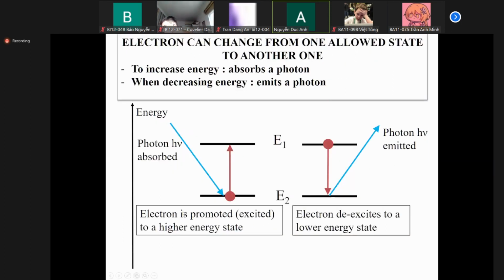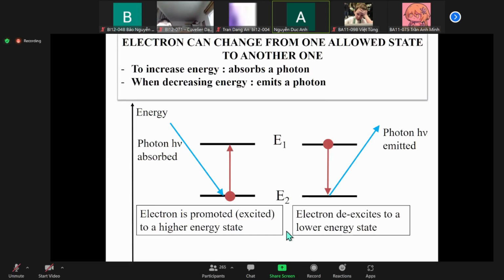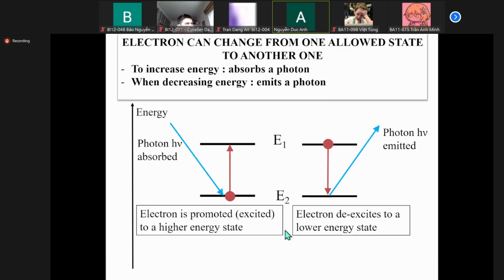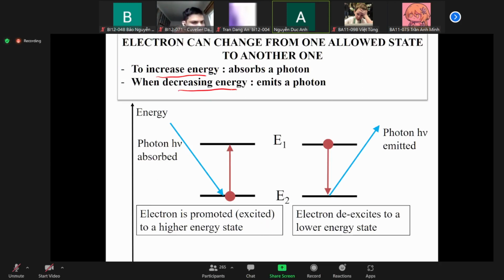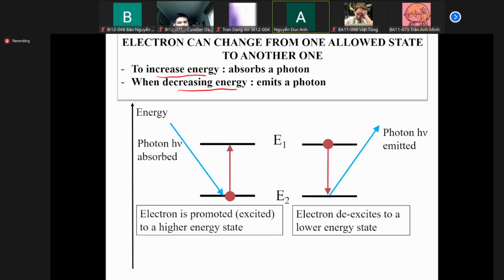So it looks like the absorption of energy and emission of energy is actually the process of increasing energy or decreasing energy. So let's remember: the electron can change from one allowed state to another one.